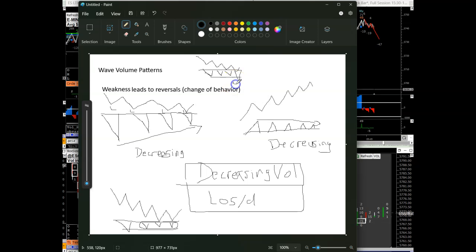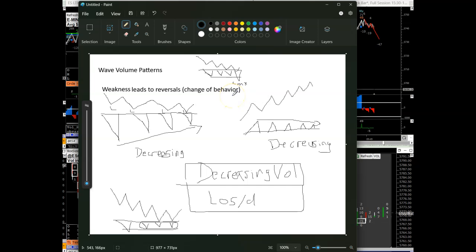That this is your climax. That's your climax exhaustion. Big red climax. But that's not the only pattern. And in fact, many times these two will be there, and they will cause the reversal.